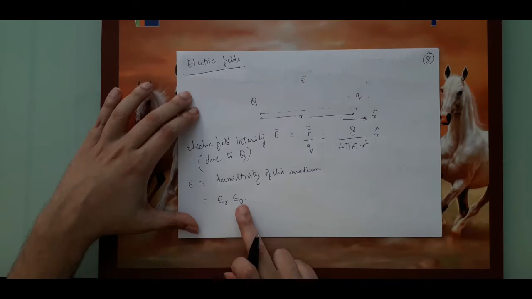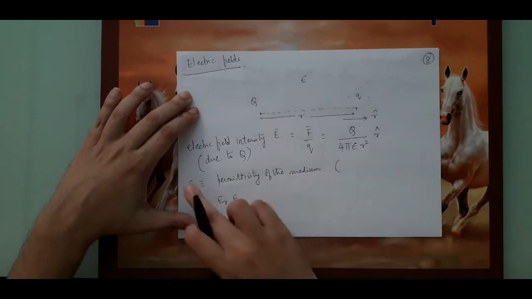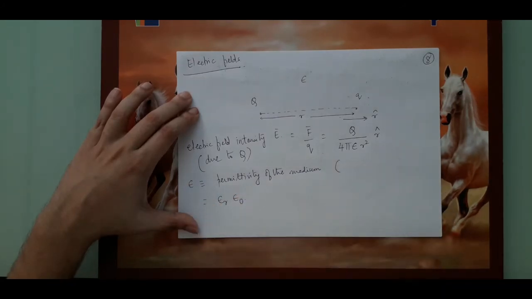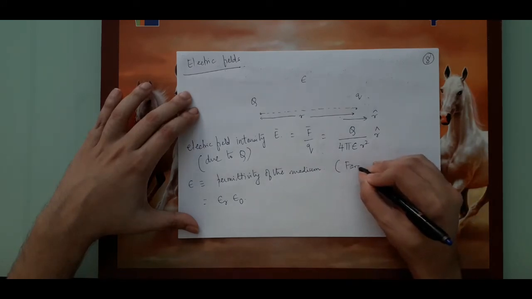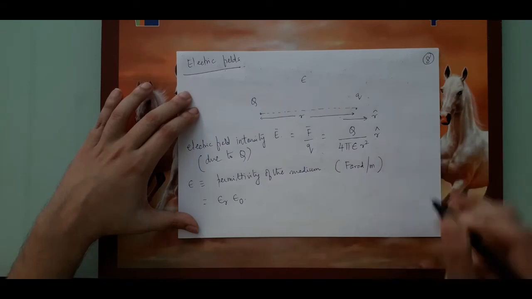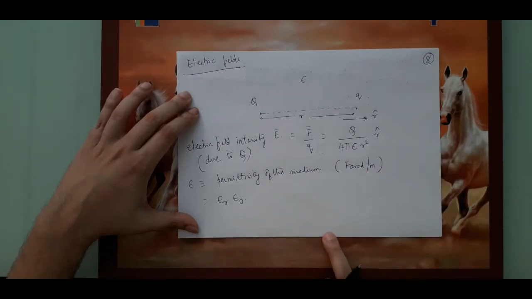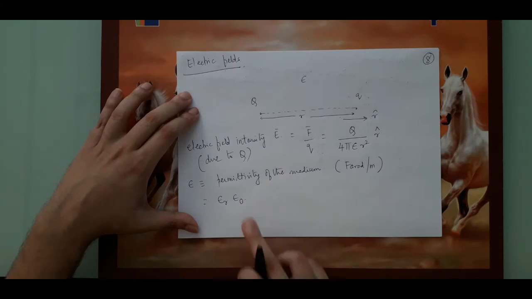So the unit of epsilon is what? It is farad per meter. The farad is the same unit as for capacitance.